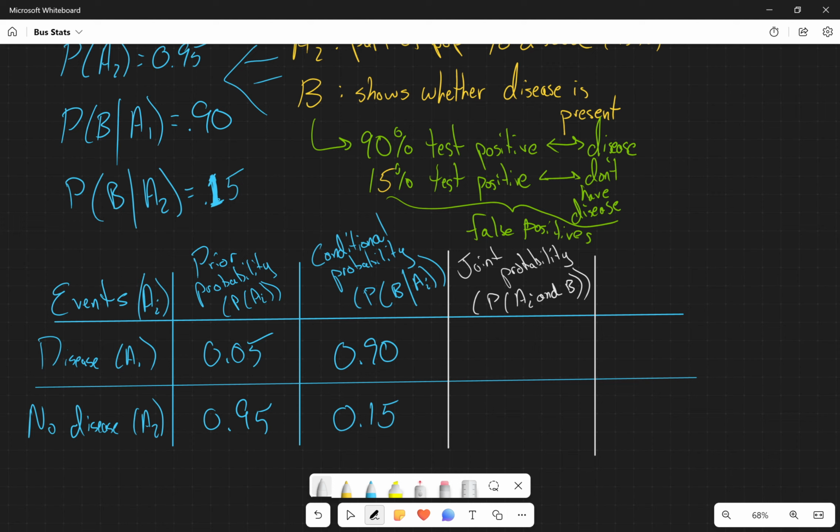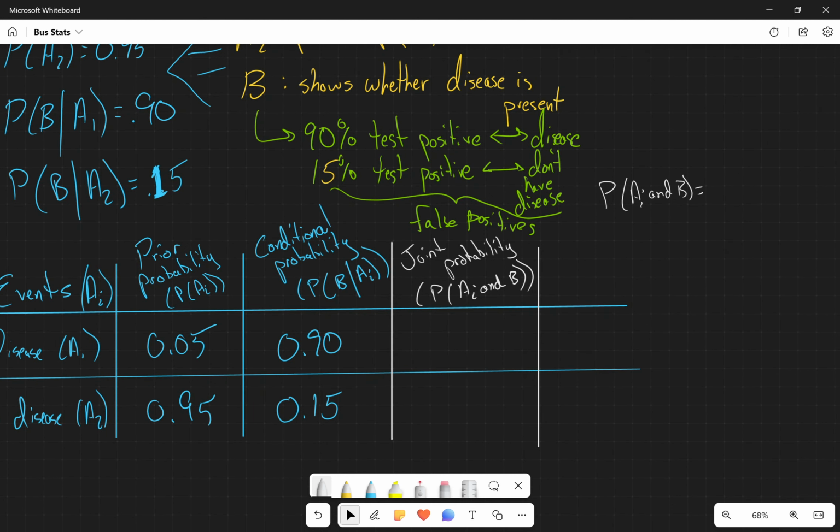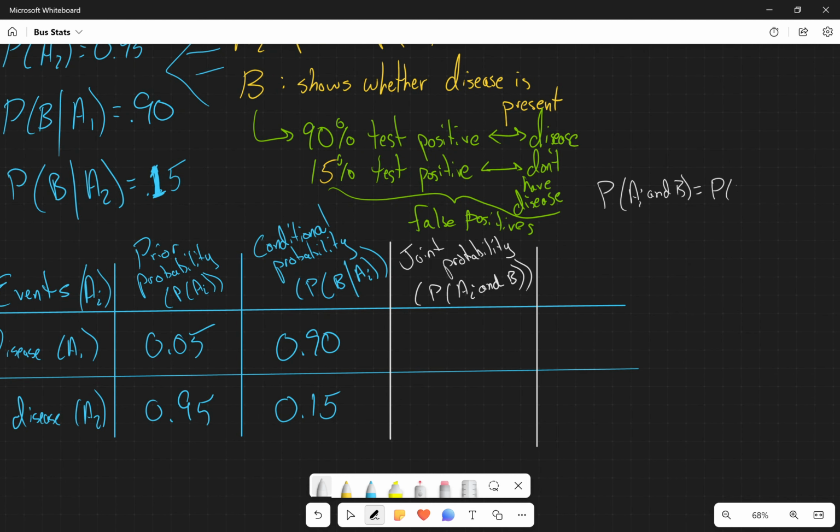And so we are going to multiply in order to get our joint probability here, right? Our probability of AI and B is equal to the probability of A, I, whichever one that is, times the probability of B given AI.